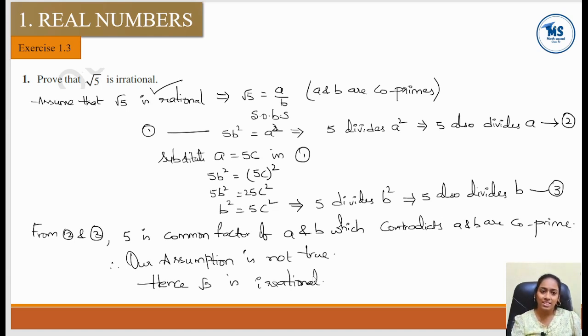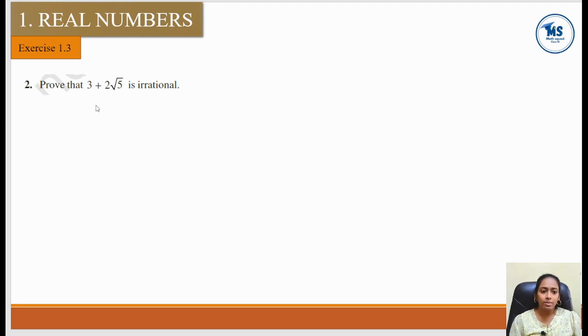Okay, next question. Prove that 3 plus 2 root 5 is irrational. Here also I will assume 3 plus 2 root 5 is rational. Then I can write it as 3 plus 2 root 5 is equal to a by b, for some numbers a and b.